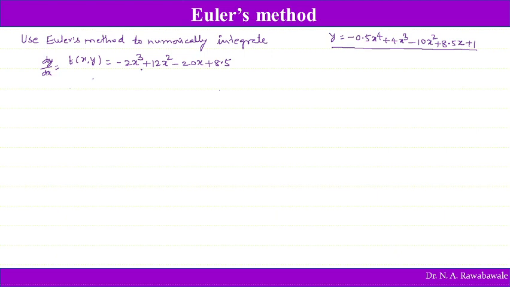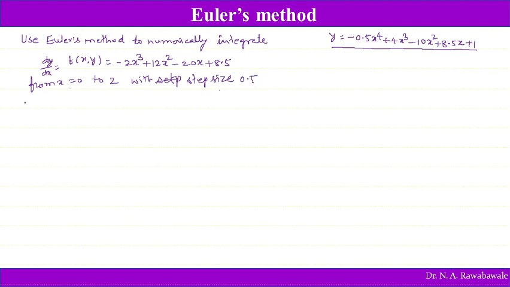So now we have to find out from x is equal to 0 to 2 with a step size of 0.5.